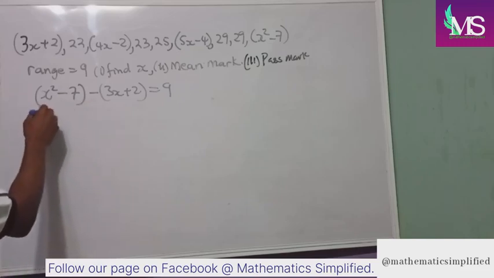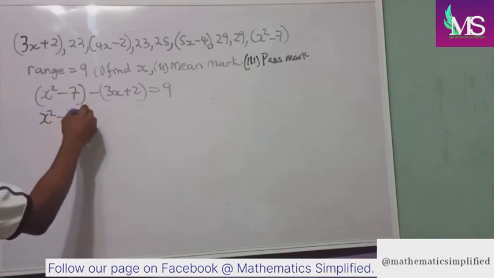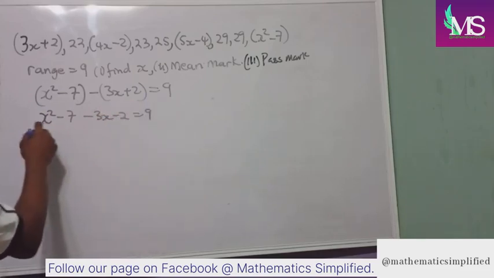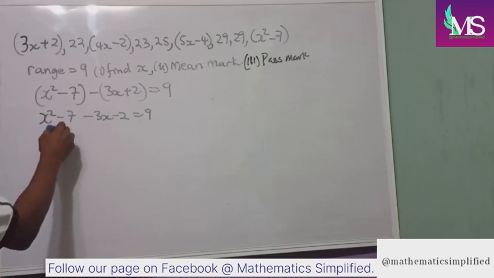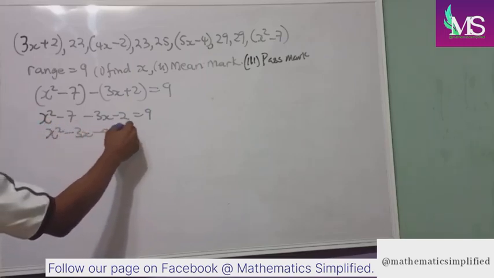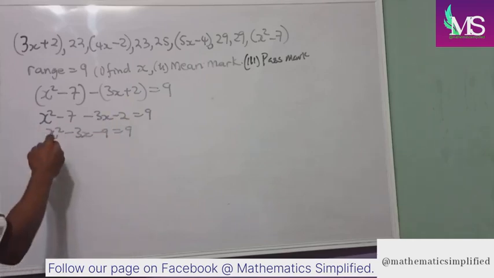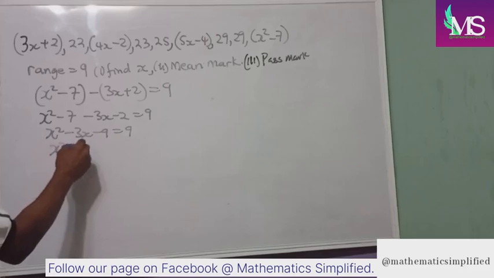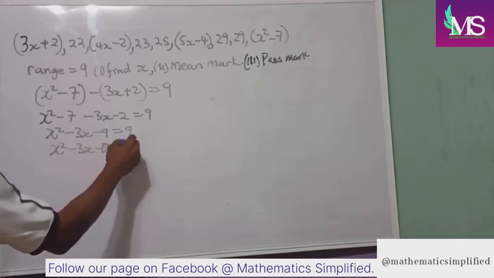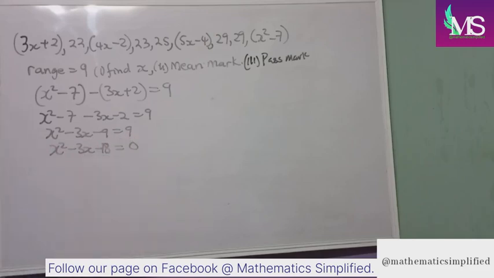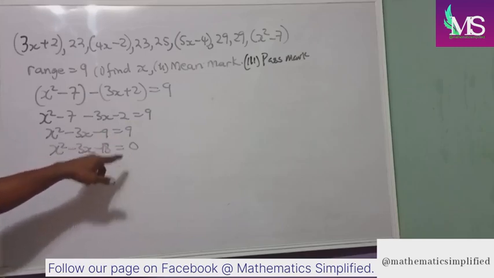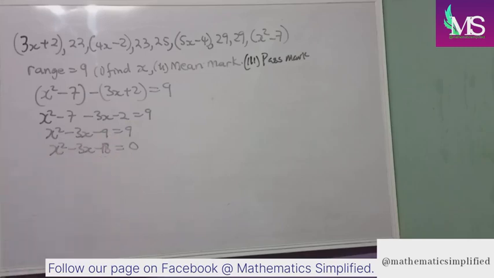Opening up, we have x squared minus 7 minus 3x minus 2 equals 9. This will become x squared minus 3x minus 9 equals 9. 9 going over will become x squared minus 3x minus 18 equals 0, because when positive 9 crosses over, it becomes negative. So minus 9 will give us minus 18.